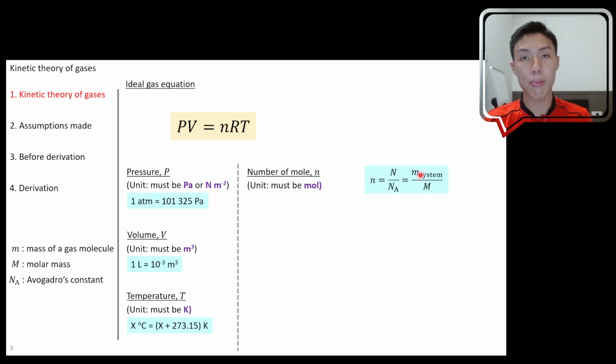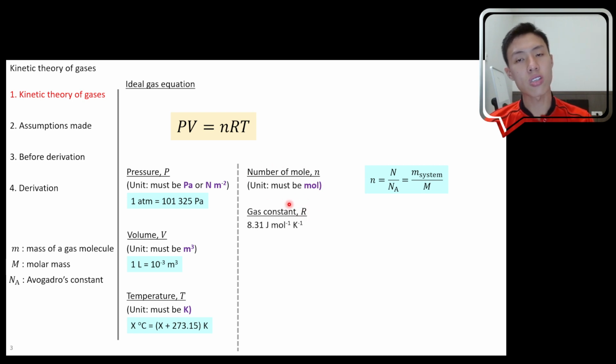So that's the molar mass. If you get 64 grams, divide by 32 grams, you get 2 moles. That means there's a total of 2 moles of gas inside that container. So you can get the total mass of the gas system, divide by the molar mass of the gas, and then you can obtain the number of moles of gas molecules.